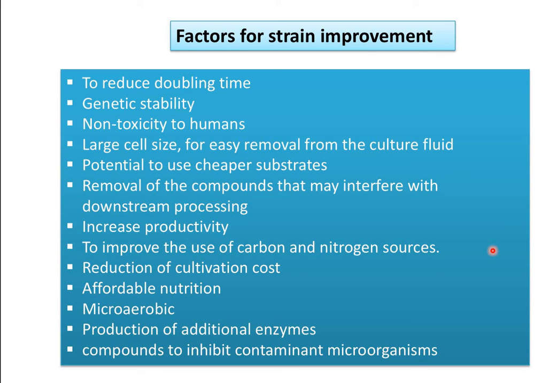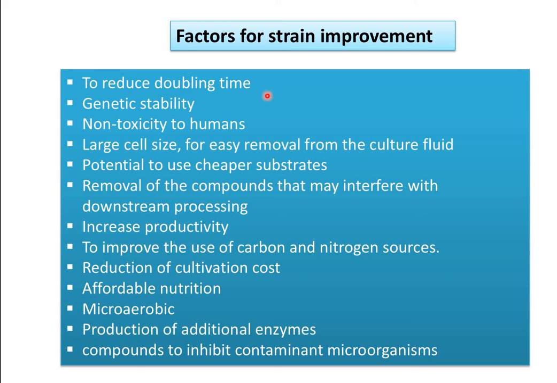Now, here we are talking about the strain improvement techniques. So, these are the factors that can be considered for strain improvement. The first one is to reduce doubling time, which means the improved strain can have a shorter generation time.